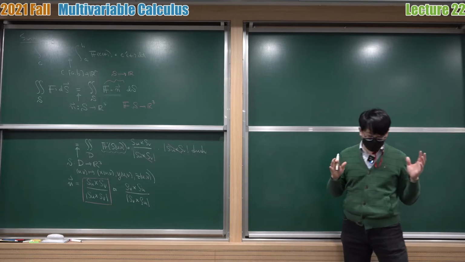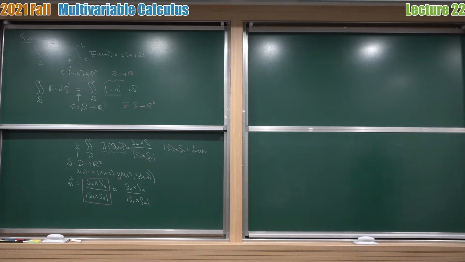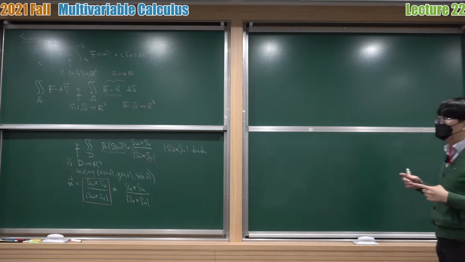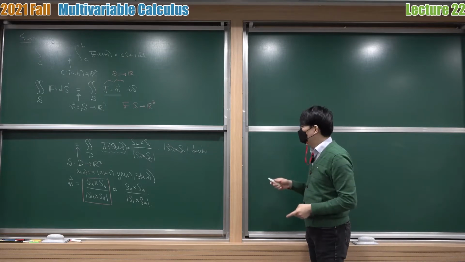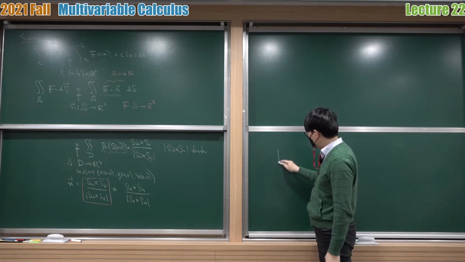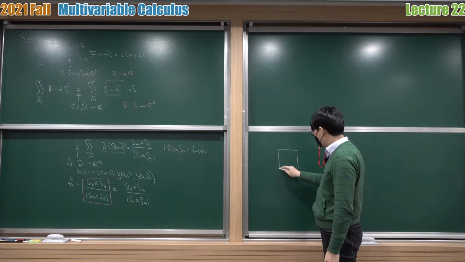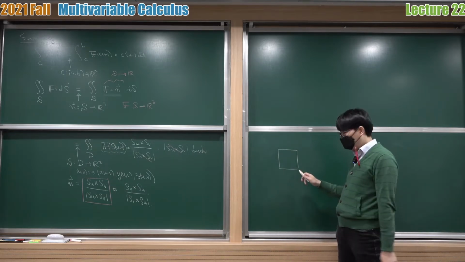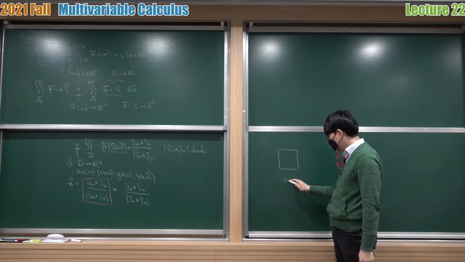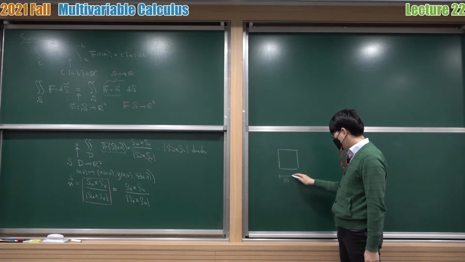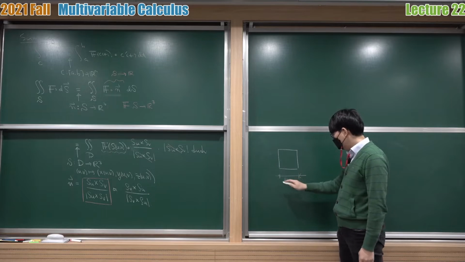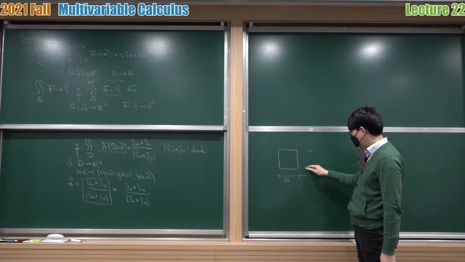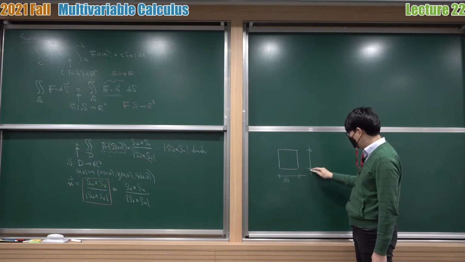The simplest curve that I can think of is either a circle or a square, but I'm going to take the square because it's easier to take the integral. So let me take a square here. And this square lies in xy space. So I'm going to say the width is delta x and height is delta y.